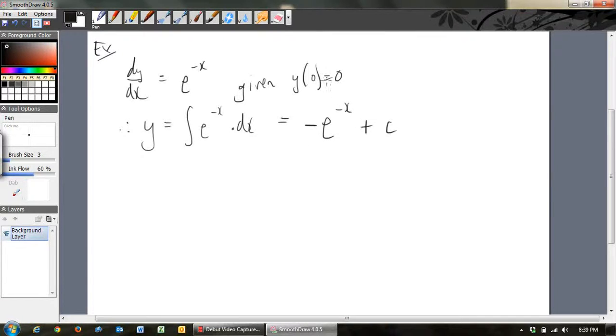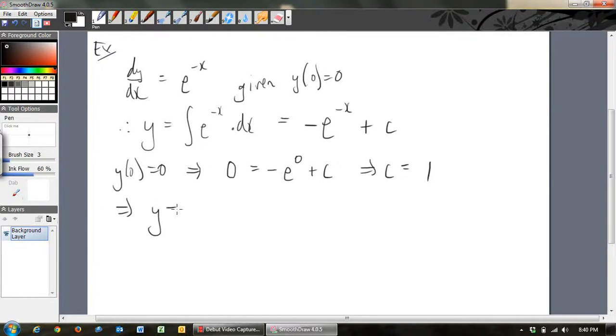That's your general solution. But what we can do is use this condition here to find out what c is equal to. So y(0) equals 0. That means that 0 equals negative e to the power 0 plus c. e to the power 0 is 1, and so we'll get negative 1 plus c, so c is equal to 1.